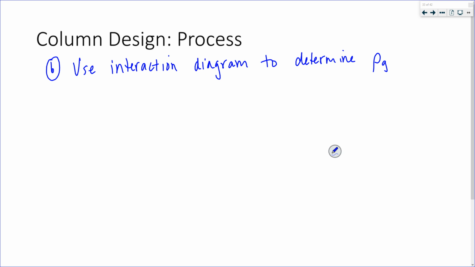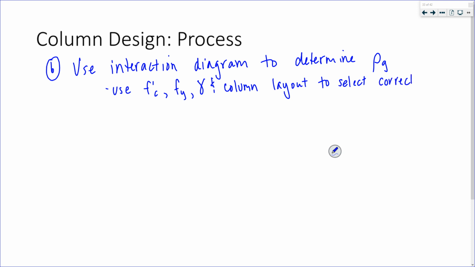So we know our F prime C, our Fy, and our gamma, and column layout. Our correct interaction diagram.